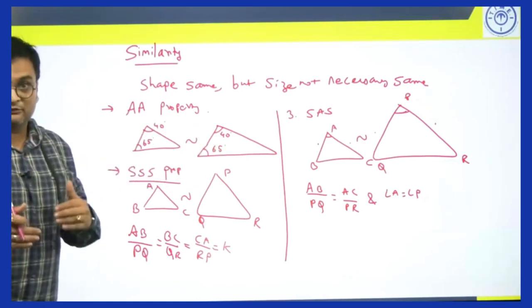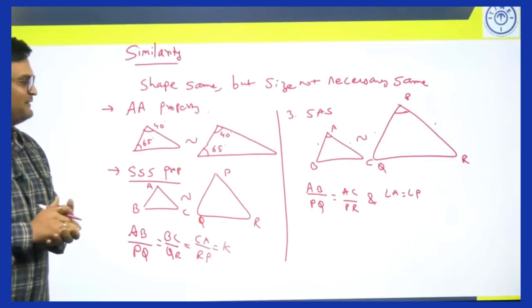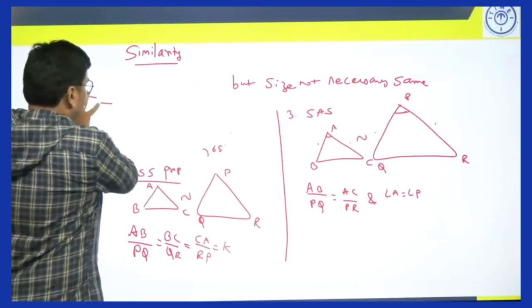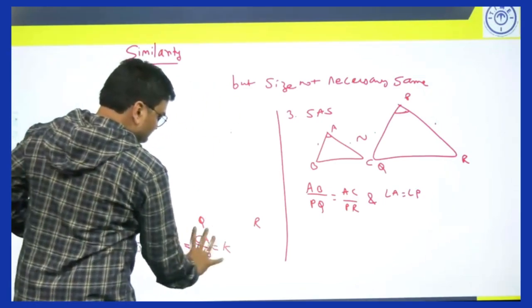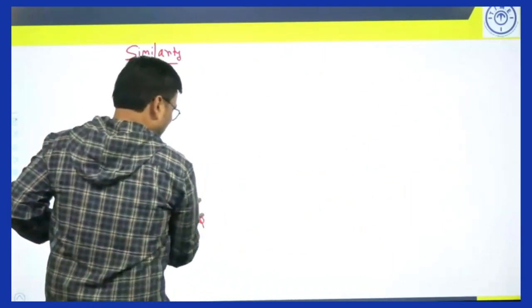Quickly make a note of it, and now let's look at the utility of similarity, the properties that we get out of it. So this is how you prove similarity. Once it is proved, what do we get out of it?